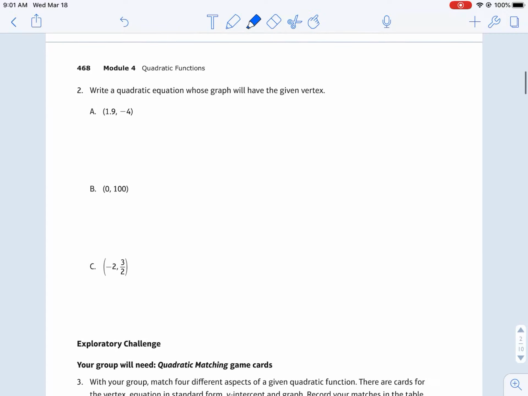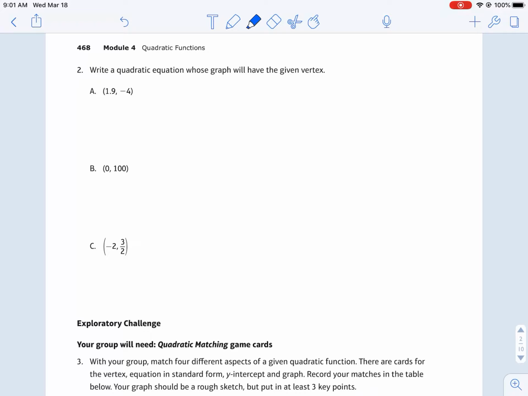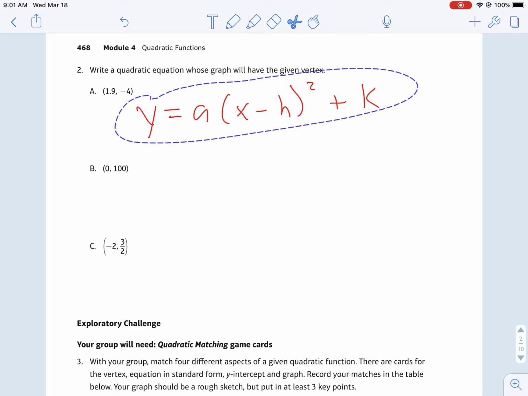Okay, number 2, we're going to write a quadratic equation that has the given vertex. In all these problems, it doesn't matter what our a value is, because that does not affect the vertex. All we're doing is replacing. Let me just copy and paste this for all three of them.